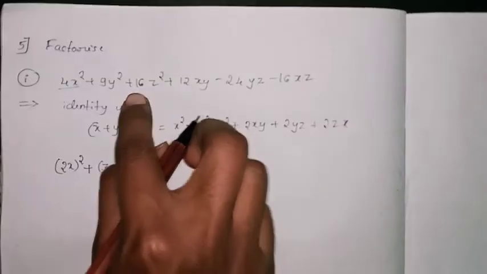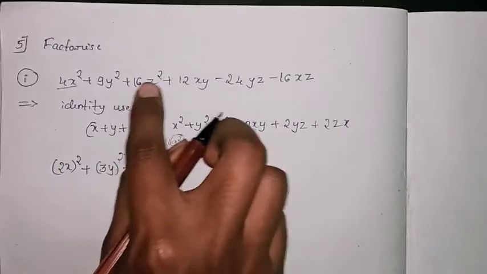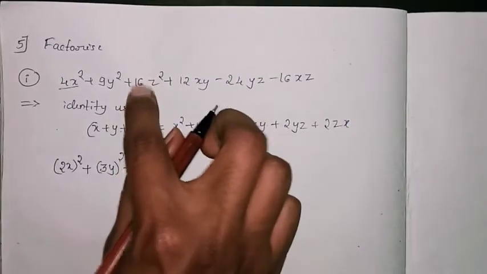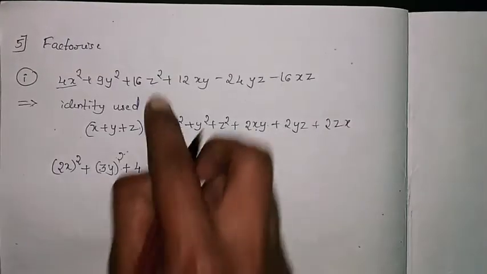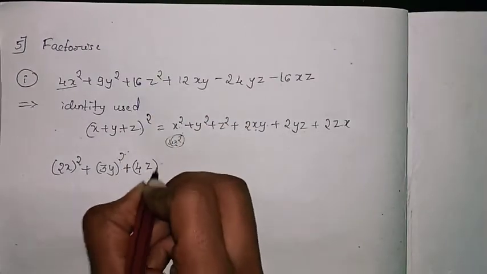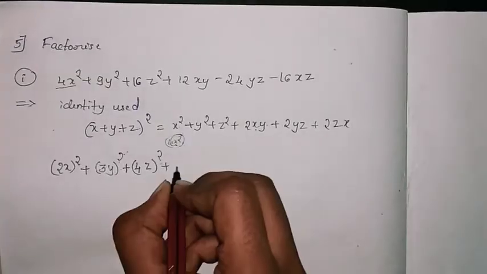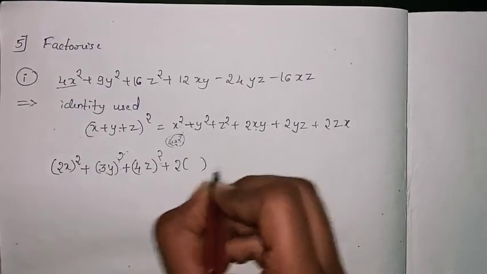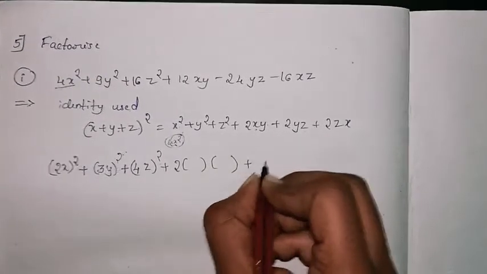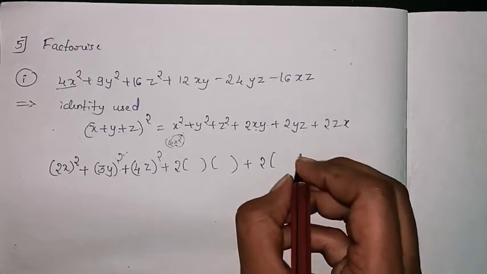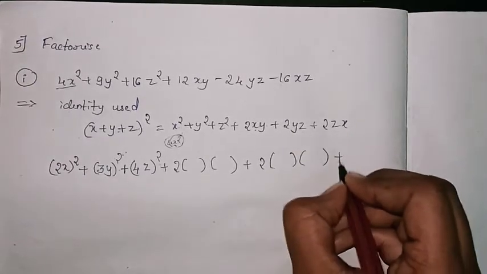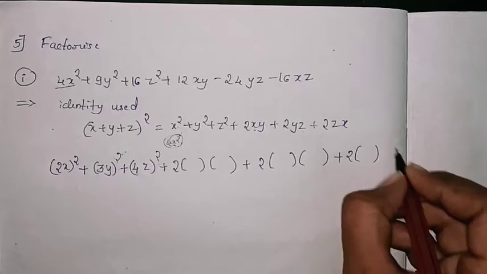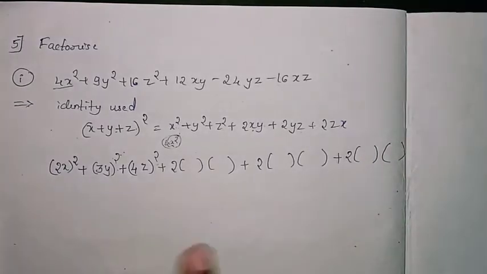The third term is 16z square, the square of 4z. So it is a square term. Now write 2 into 2x and 3y, then 2 into 3y and 4z, plus 2 into 4z and 2x terms.